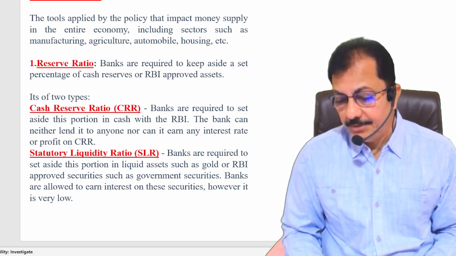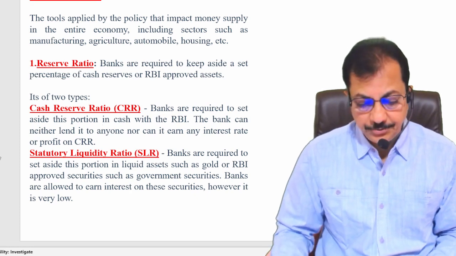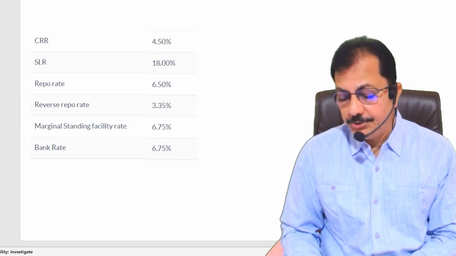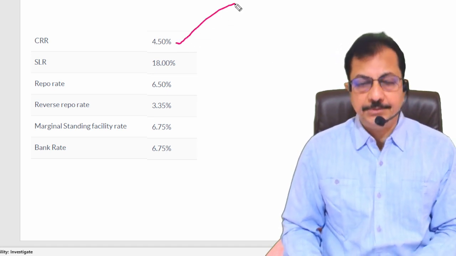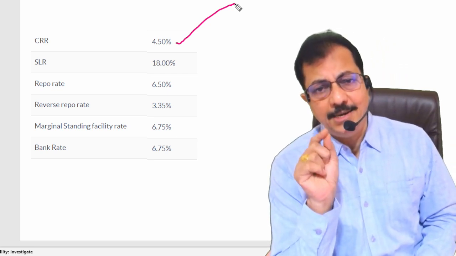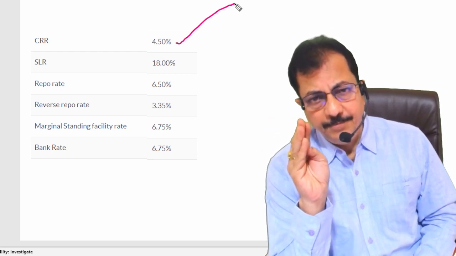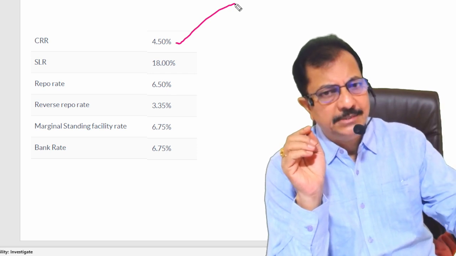I'll just tell you something now. We are discussing the cash reserve ratio, right? Just now I told you what the cash reserve ratio is, and our latest rate is 4.5%. Meaning, if the bank has 100 crores, out of that 4.5 crores must be deposited with RBI.